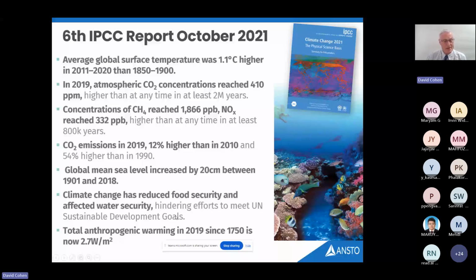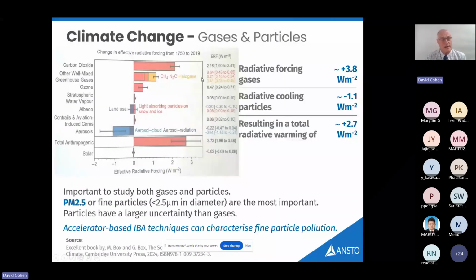And the total anthropogenic warming in 2019 since 1750 is now 2.7 watts per meter squared. And I'll show you in the next slide how that's broken down and where accelerators can actually do something here. This one here is the climate change, gases and particles.